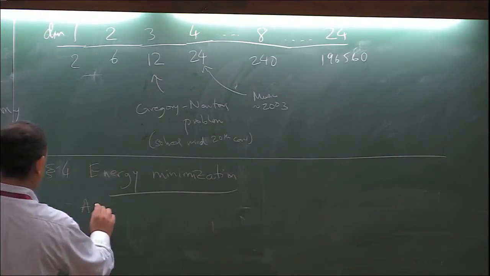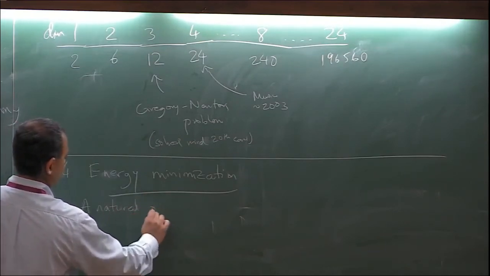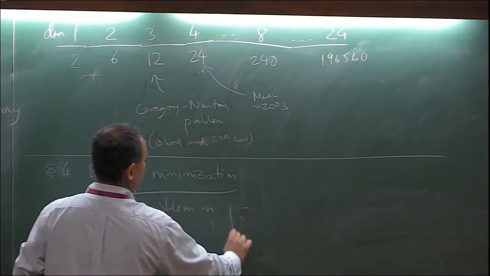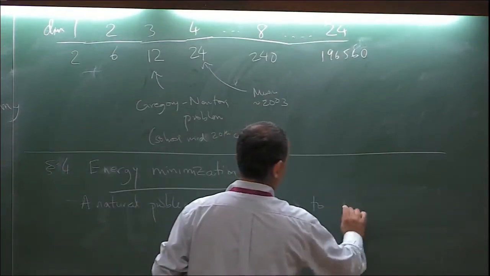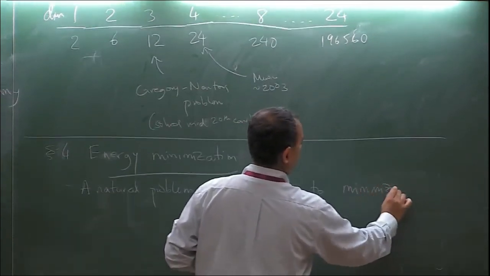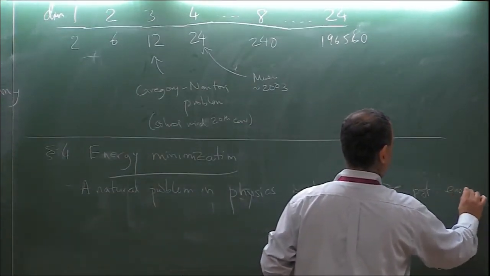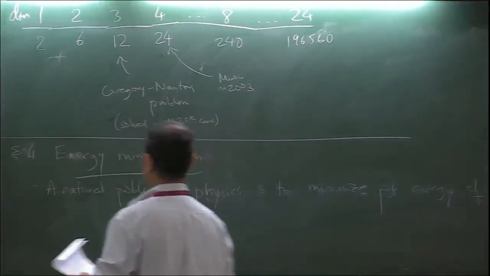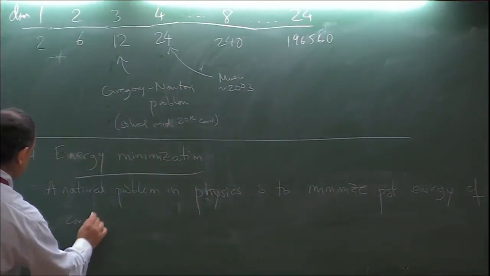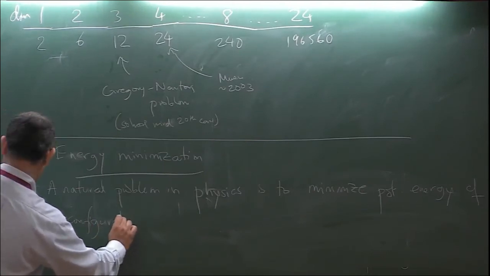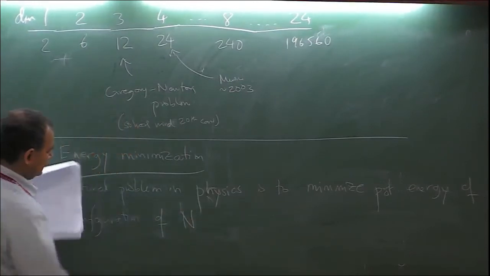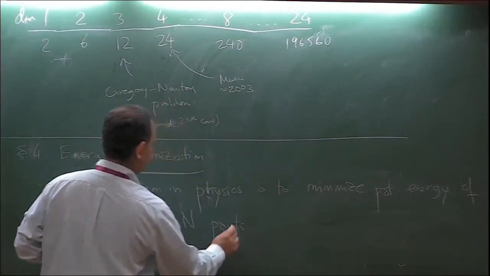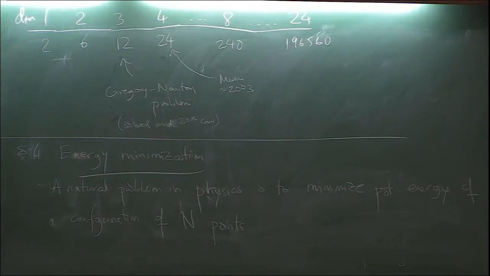It's a natural problem in physics or mathematical physics to minimize the potential energy of a configuration of points, let's say a finite number of points on a compact space. That's an easy example, but you could also generalize to a non-compact space and infinitely many points.